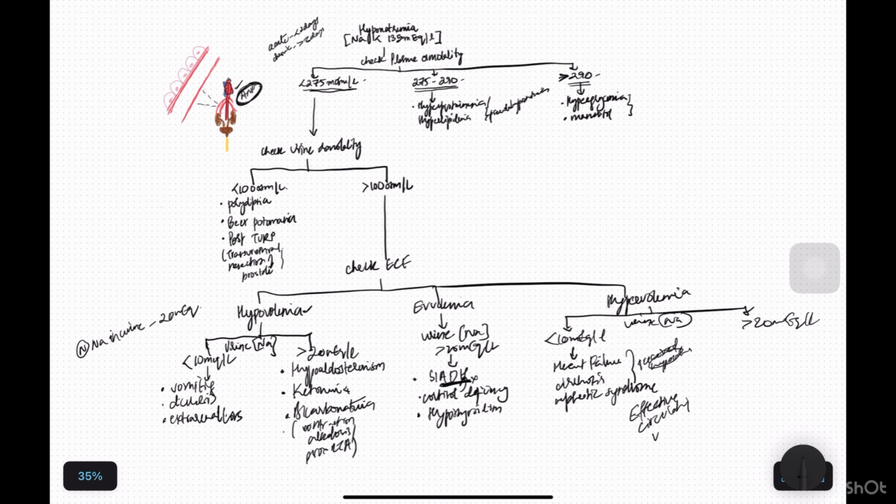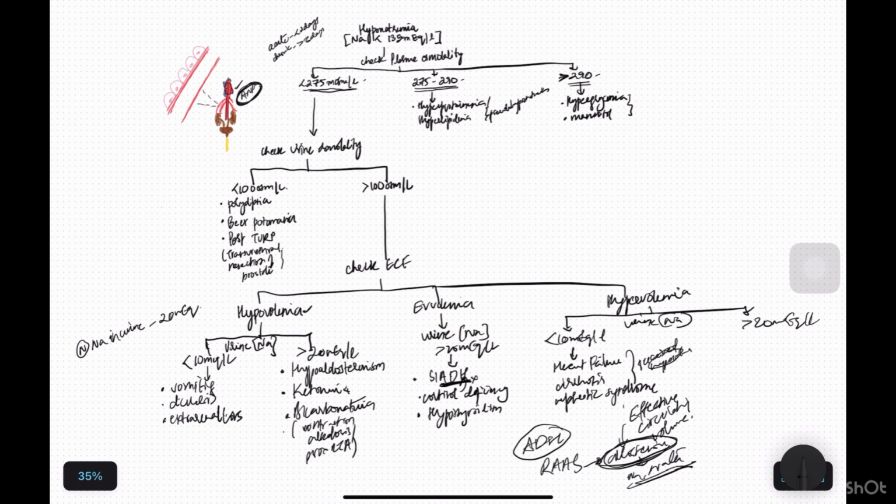So when the effective circulating volume is less, the kidneys are going to think that there's less volume. Aldosterone will be released. Basically, your RAS will be activated, and then aldosterone will be released. So what will happen here? Vasoconstriction to the kidneys. You're going to be retaining sodium and water, correct? But again, along with aldosterone, you also have to remember that ADH will come into play, right?